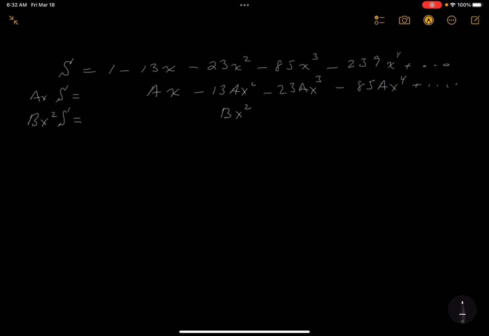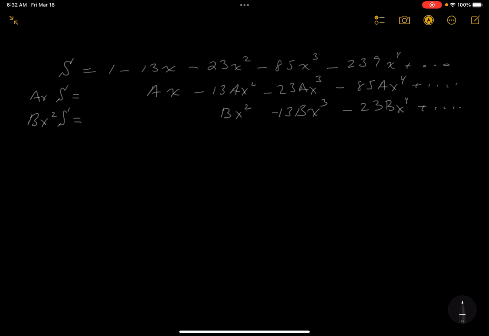The next term is going to be minus 13bx cubed. And the next term is going to be minus 23bx^4 plus yada, yada, yada. All right? So you're going to add these things together with the hope that things are going to start to disappear, but they're only going to disappear if you can figure out what the a and b is to make them disappear.